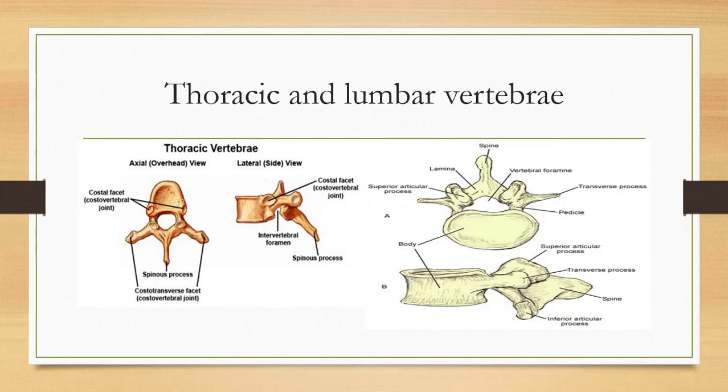As you can see in this diagram, these are the two facets, or the two cavities, for binding with the ribs present in the thoracic vertebrae, and the body region of thoracic vertebrae more or less looks like a heart, and then there is a spinous process, and the transverse processes present in the thoracic vertebrae are basically meant to support the ribs. So they are also referred to as costotransverse facets.